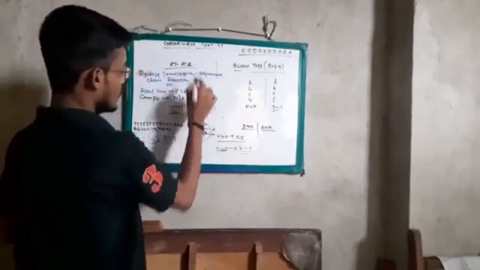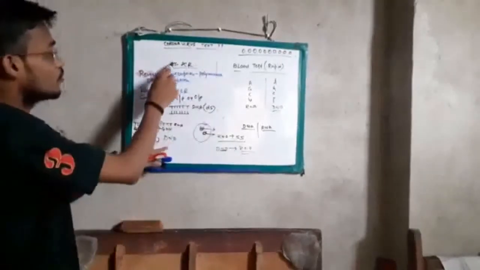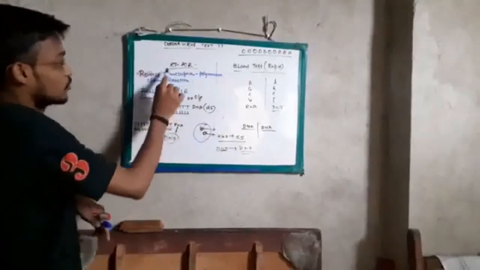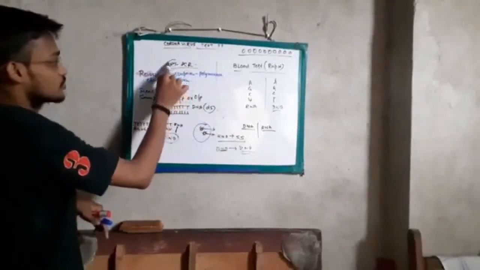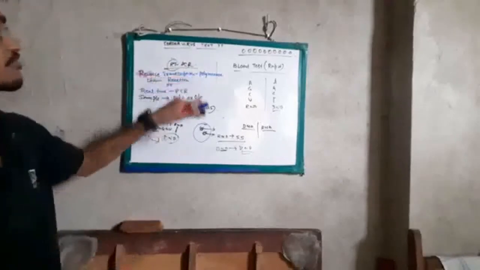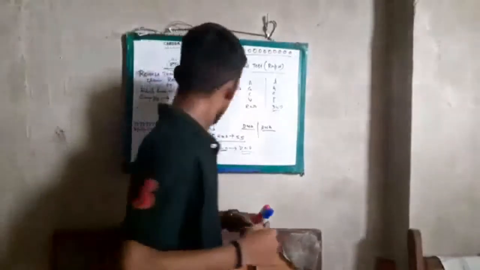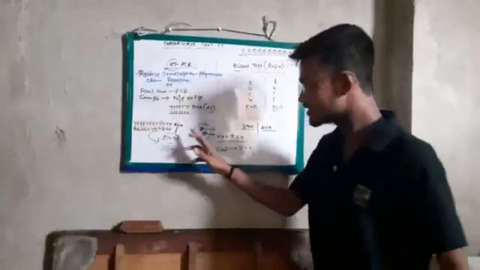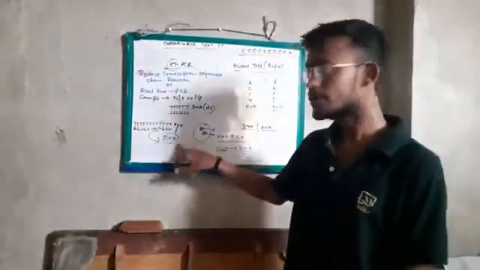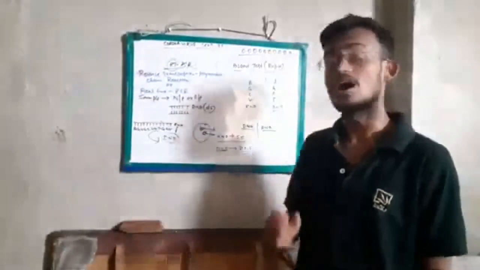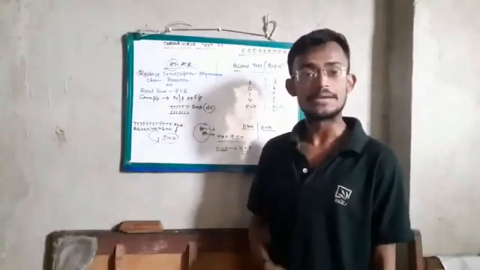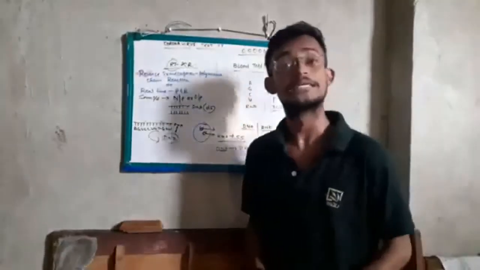But here, we need to make DNA from this RNA. So to make DNA from RNA, we need to use a special enzyme, and the name of this special enzyme is reverse transcriptase enzyme.